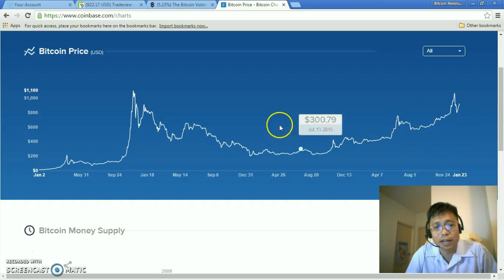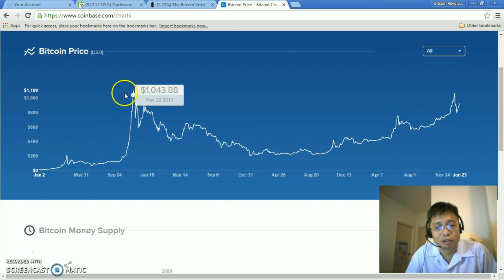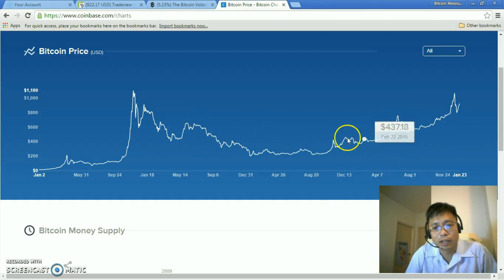So as you can see, from the last all-time high to where it is now, it is again forming that U shape, and as people say, the bottom of the shape of the teapot.